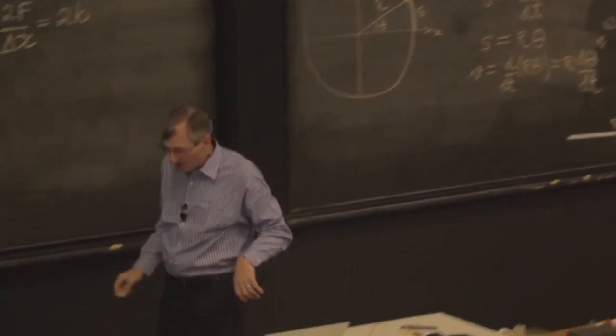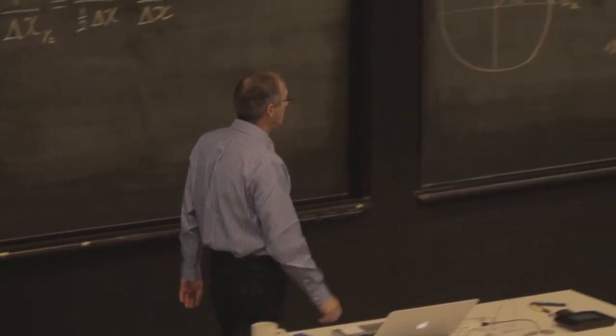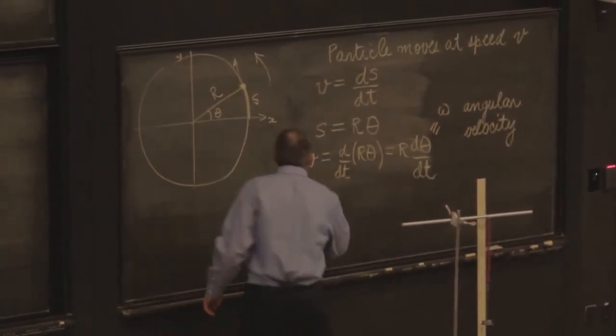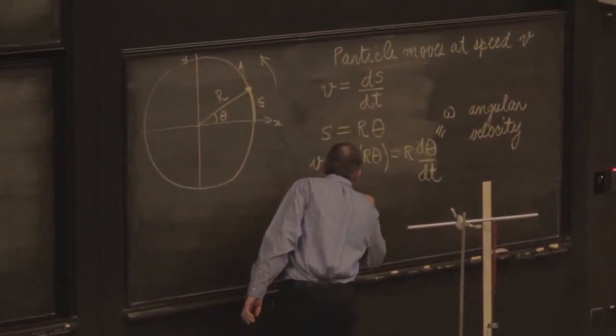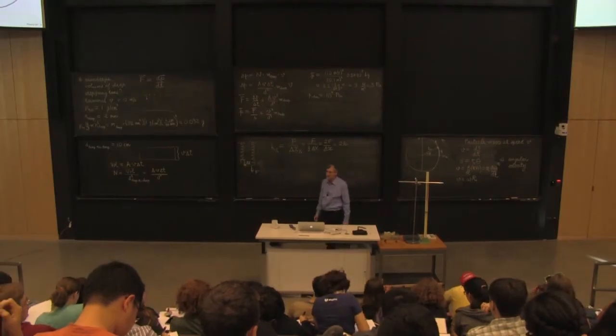So if the particle is moving around the circle at constant speed, it's also moving at constant angular velocity, and v would be equal to omega times r.